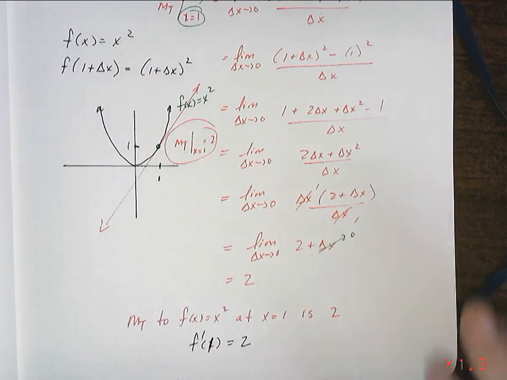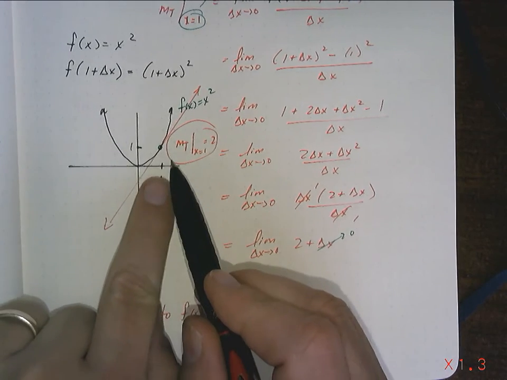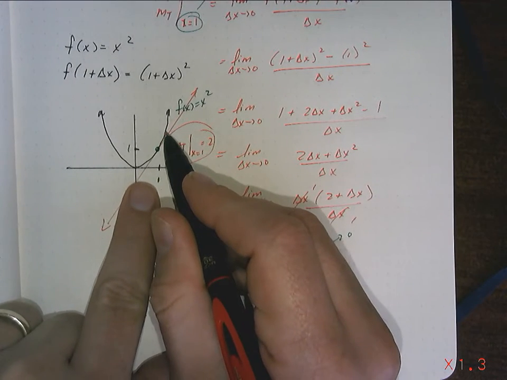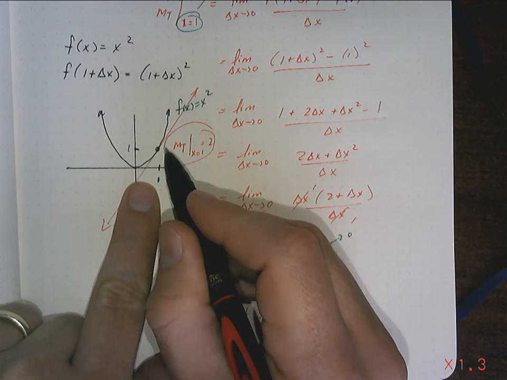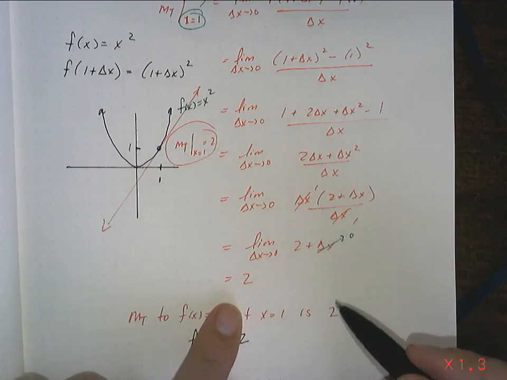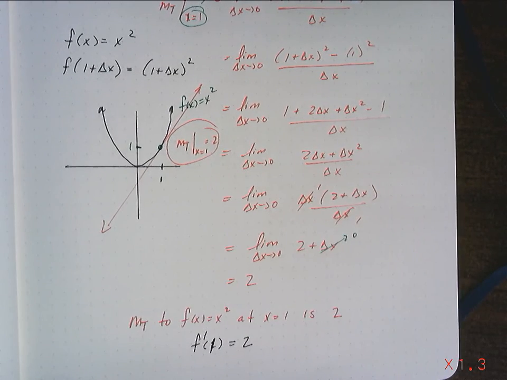The slope of that line is 2, and that's what you've determined. And you did it by starting off at x equals 1 and allowing another point to be delta x down the line, and then you allowed that delta x to get closer and closer to 0 until eventually we took the limit of it, it went away, and we're left with 2. We used Newton's method. That's pretty cool. I'm going to stop the video there.